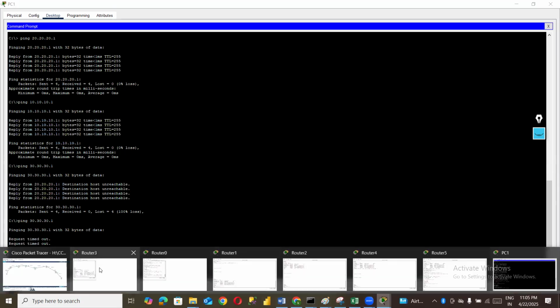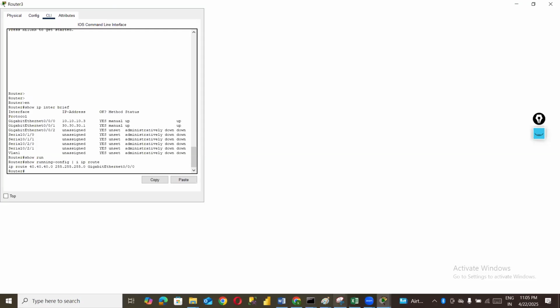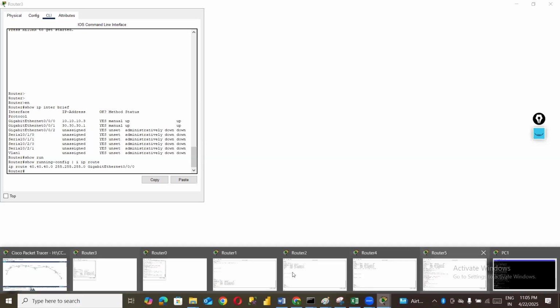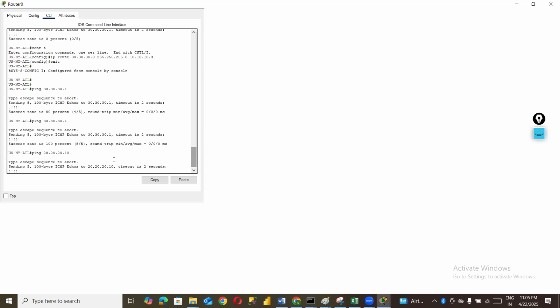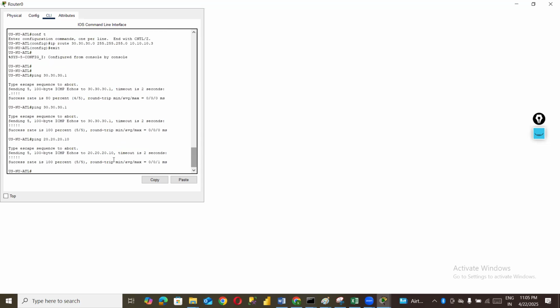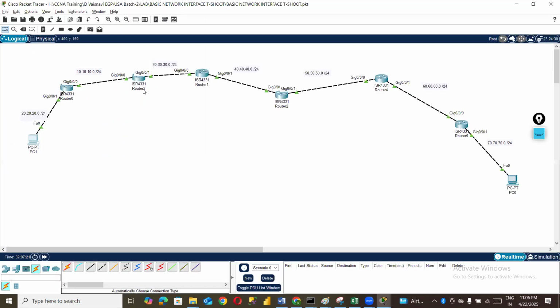So again, we'll go to router 0. From router 0, we'll check 20.20.20. What is the system IP given? 10. Okay, from router 0 we are able to reach. Then we'll go to the next router. What is the next router?